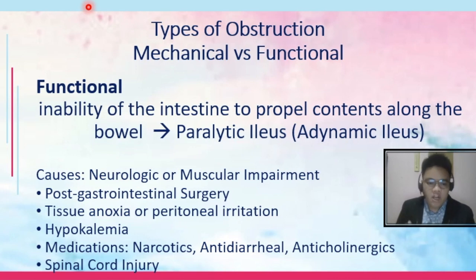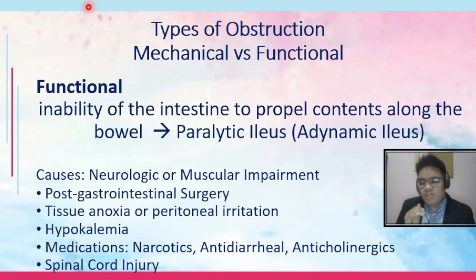If you will recall, antidiarrheal and anticholinergic drugs work by slowing down the gastrointestinal system. So, if there is overdosage of antidiarrheal or anticholinergic medications, the tendency is for your intestines not to move anymore. Condition, paralytic ileus. Then we have your spinal cord injury.